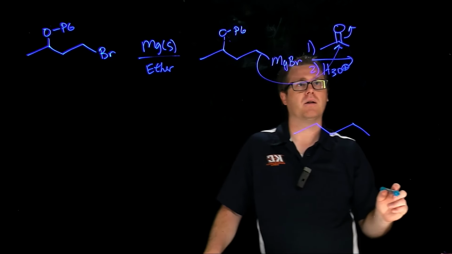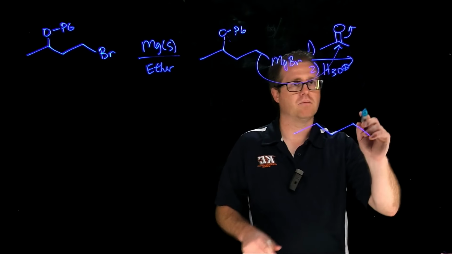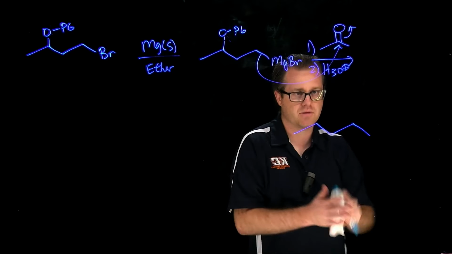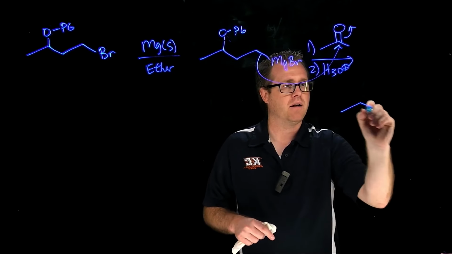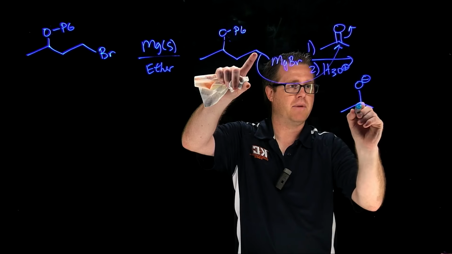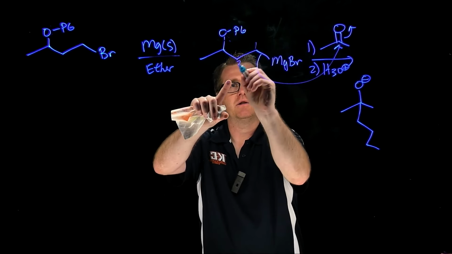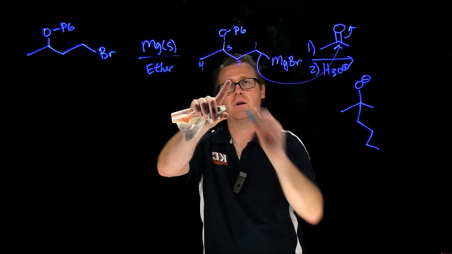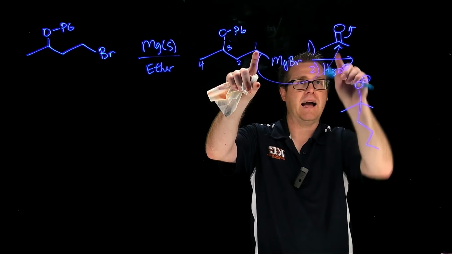Let's write it this way. So we have our ketone there, which is going to be like that, and our Grignard came in here. So this carbon is carbon 1, 2, 3, 4. So carbon 1 attacked the carbonyl.